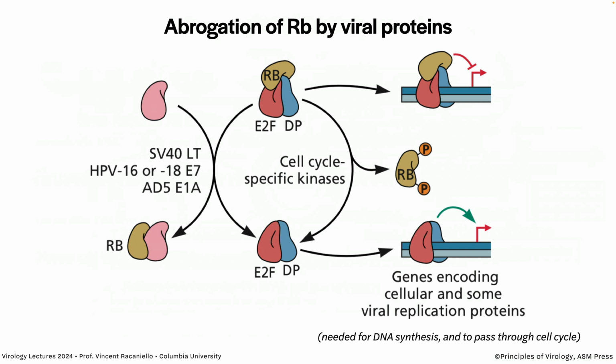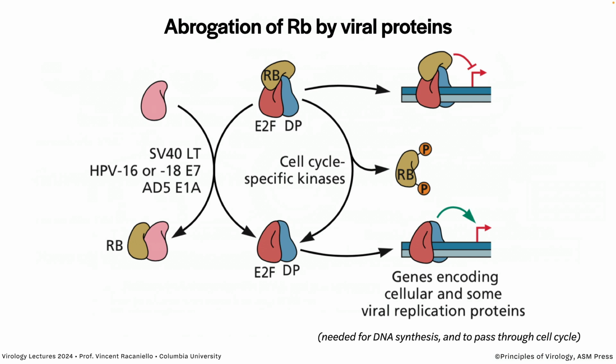Okay, so when SV40 infects a cell, or adenovirus or human papillomaviruses, the early protein is T antigen or E1A or E6, E7. That binds RB. So this little protein up here, the pink one, is large T or E7 or E1A. This binds RB and prevents RB from inhibiting the promoter transcription.